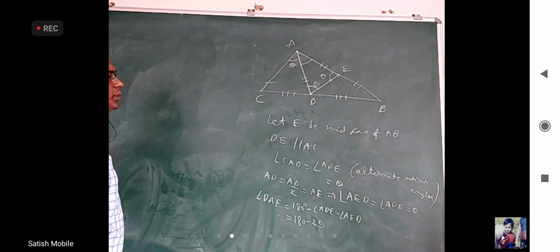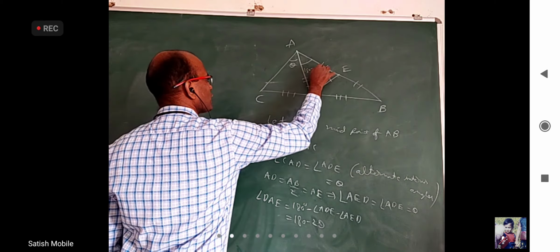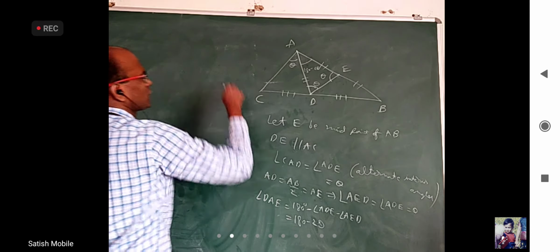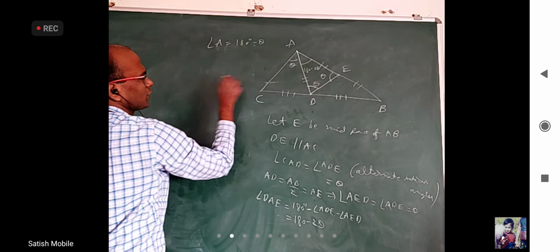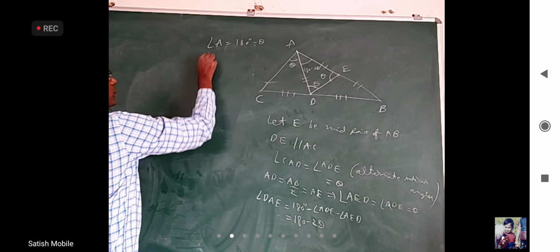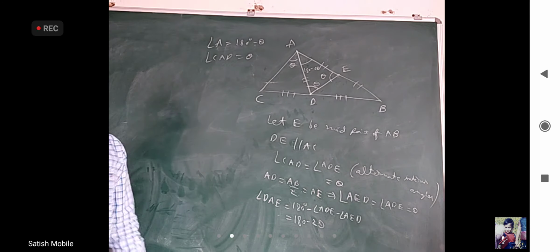That's it now. Okay, we are done. Why? This is 180 minus 2 theta, which means this total angle is 180 minus theta now. So, now angle A is 180 minus theta and angle CAD is equal to theta, and both of them are the same. That is exactly the question.